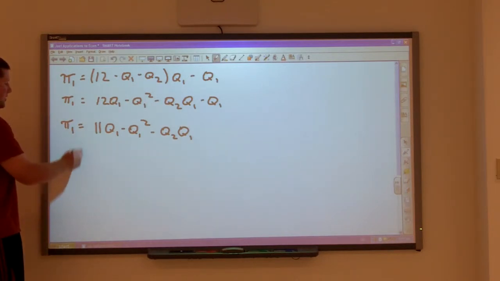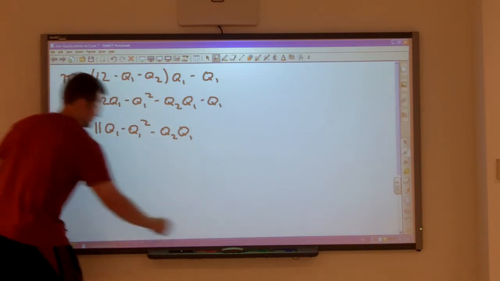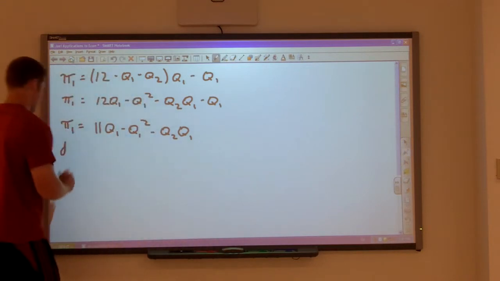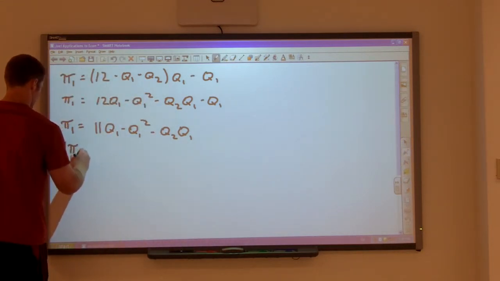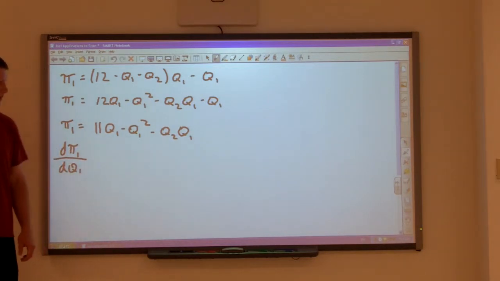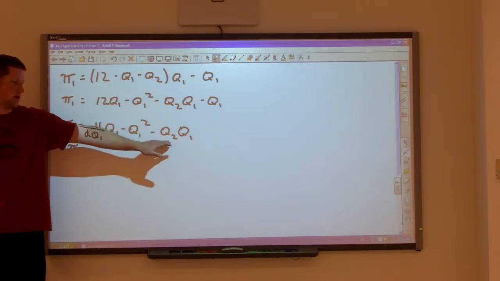If we want to maximize the profit, we're going to take the derivative of pi 1 with respect to Q1. Now this is a little different from your traditional derivative because we're going to treat Q2 as a constant.